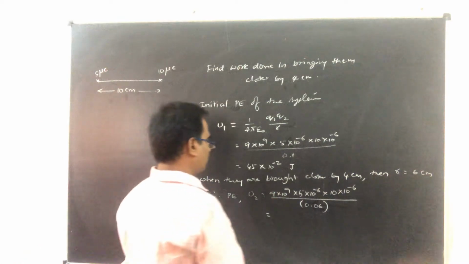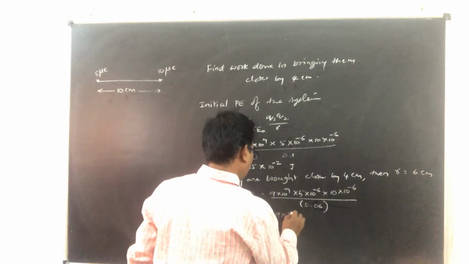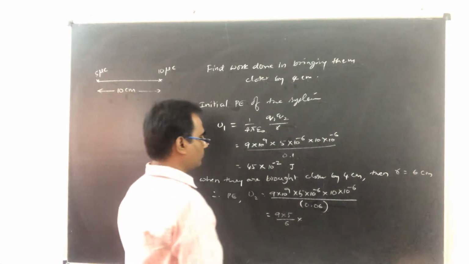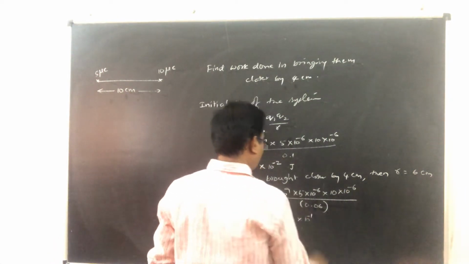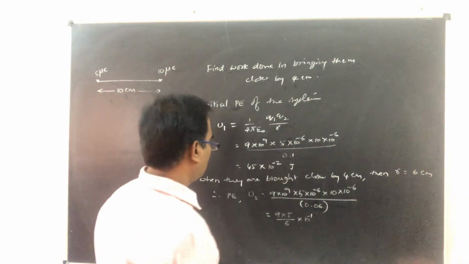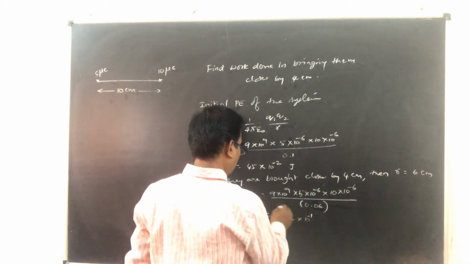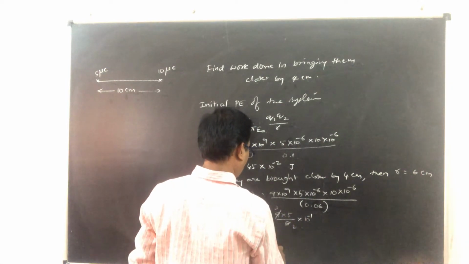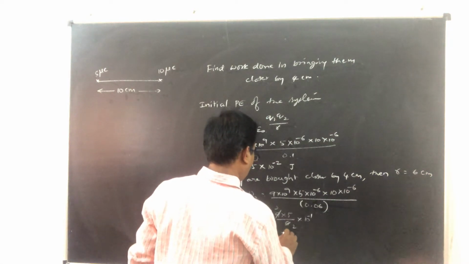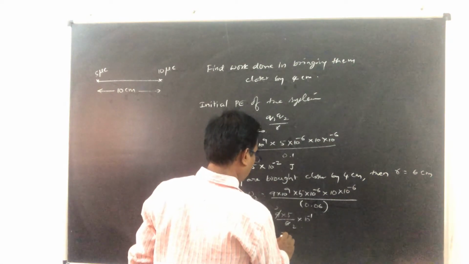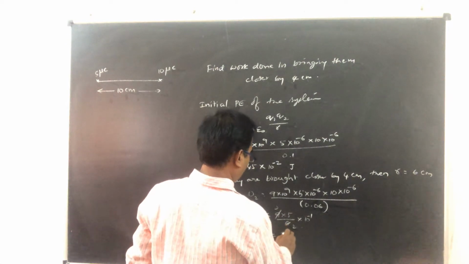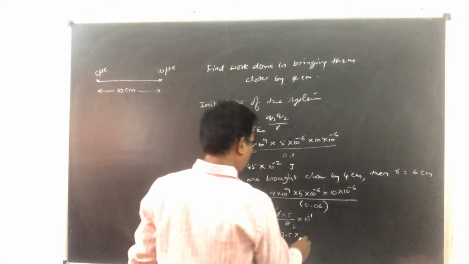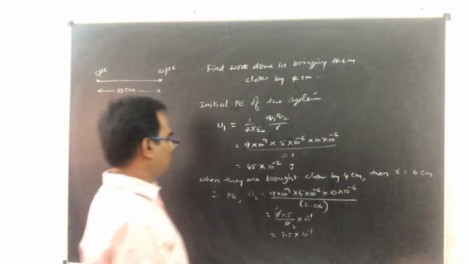So if I do this, 9 into 5 divided by 6 into 10 to the power of minus 1. So this is 7.5 into 10 to the power of minus 1.